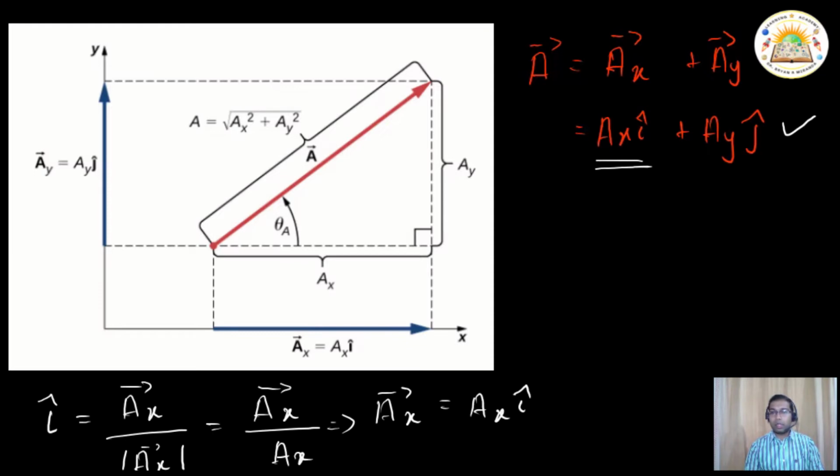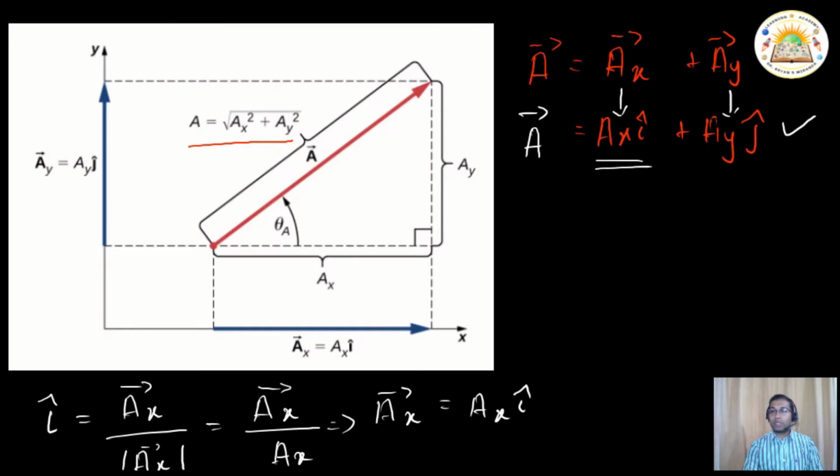Similarly, I can write what is ay vector. Ay vector would be nothing but ay j cap. So you can see that the formula is not wrong, but there are different ways of expressing it. And the theta is always measured from the x-axis. Now you can see the resultant that is there is nothing but root of ax square plus ay square, what we had written for the unit vector.